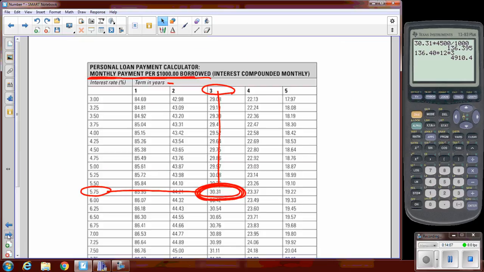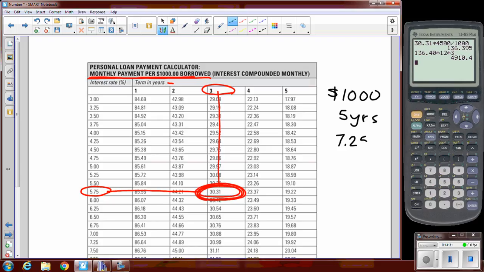And as I said, this table here is going to help us figure out our payments per month based on $1,000. This table you'll need for your assignment. So just to show another example, if I said I want to borrow $1,000 from the bank, I want to have it out for 5 years, but the interest rate the bank's going to charge me is 7.25%.